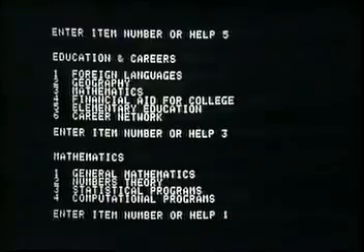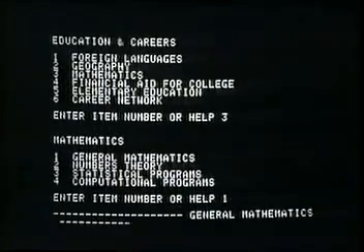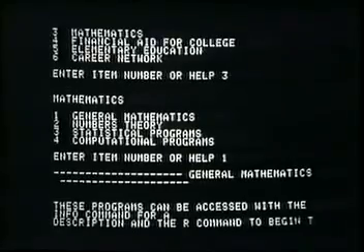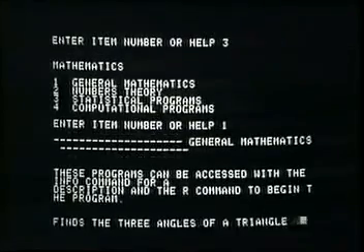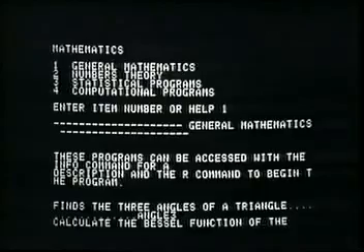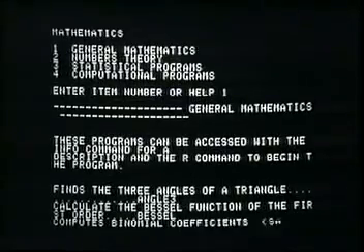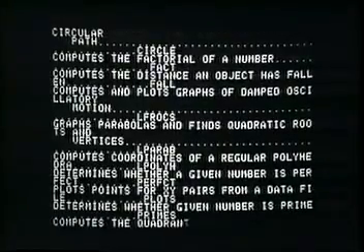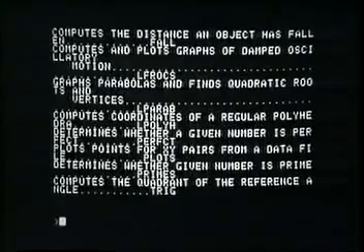Okay, general mathematics. Oh, I see. I have to use the R command to begin the program. It's offering to do various calculations for me. Gee, this is great stuff. All right, to compute the distance which an object will fall, I type R, FALL.